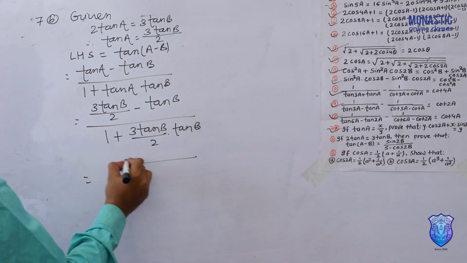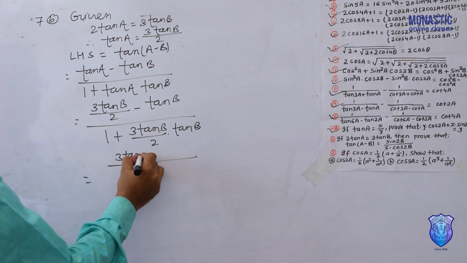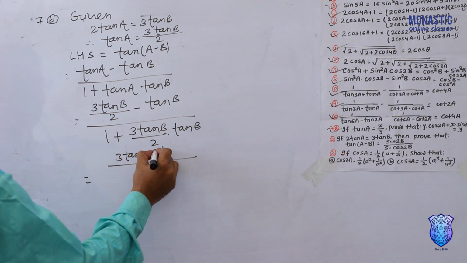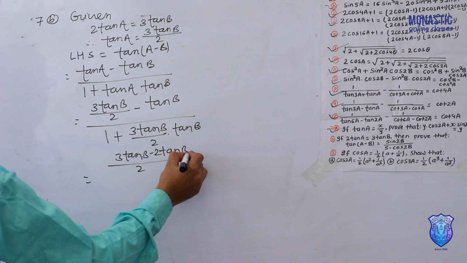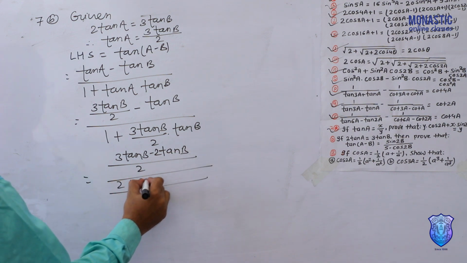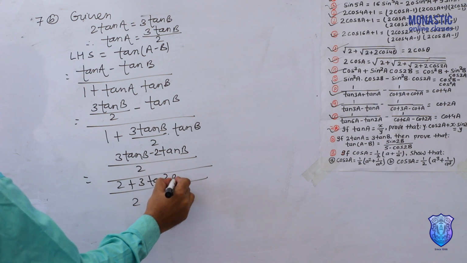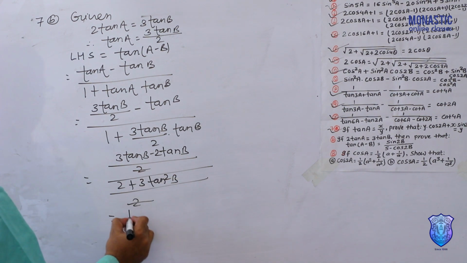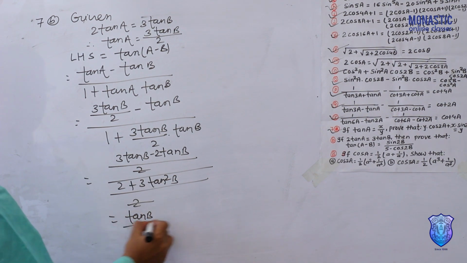Do the LCM, do the simplify. It came 2 tan B by 2 plus 2, 3 tan square B. Finally, we got tan B by 2.